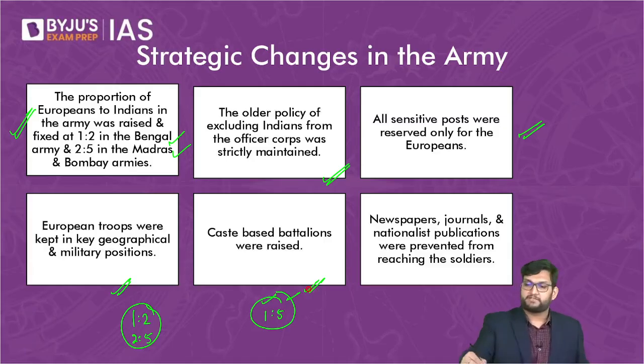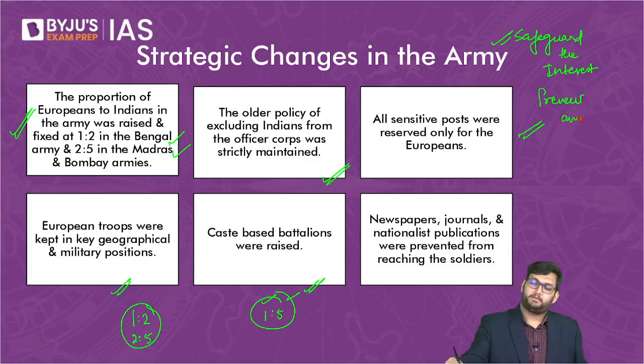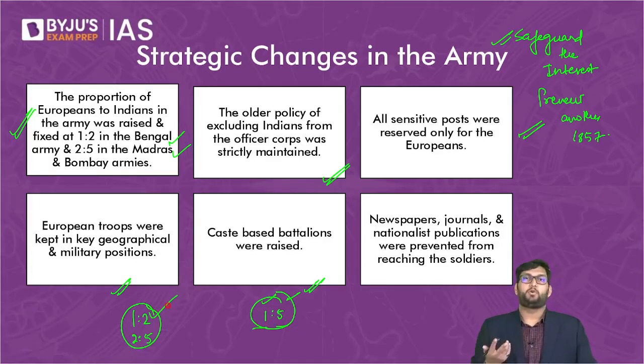Basically, they can't read anything. So this was basically to safeguard the interest and prevent another 1857. So very simply, when there used to be one European officer over 5 soldiers, now there's one European officer over 2 Indian soldiers, and 2 officers over 5 soldiers in Madras and Bombay.